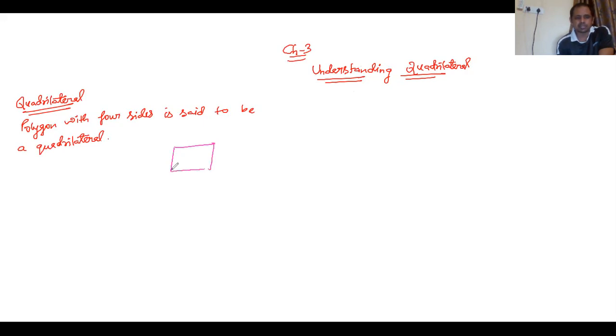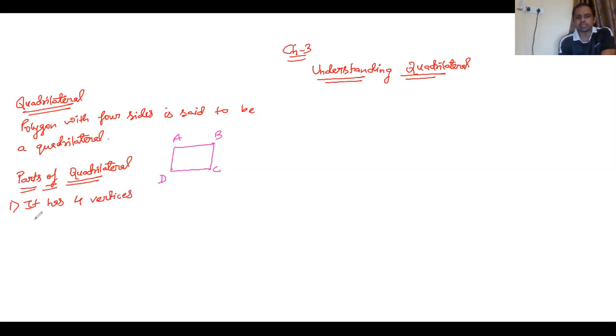Suppose this ABCD is a quadrilateral, A, B, C, D. Now we are going to discuss the parts of a quadrilateral. The first thing is, it has 4 vertices, 4 angles, and 4 sides.